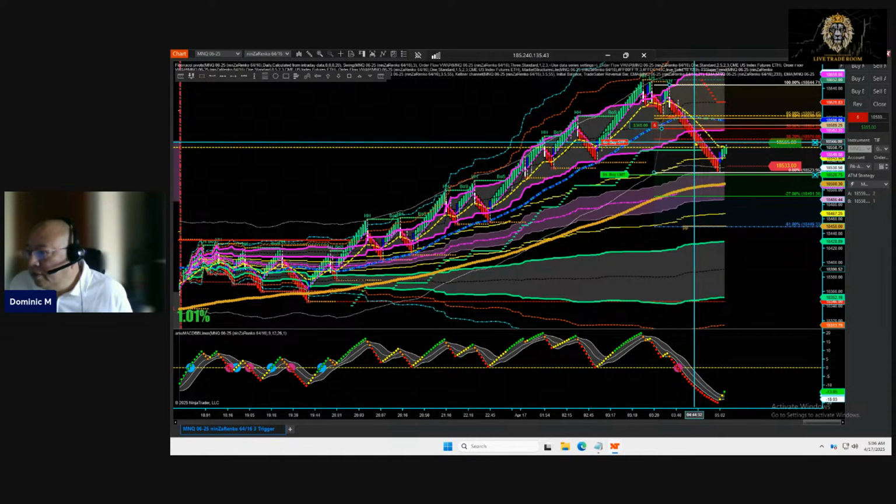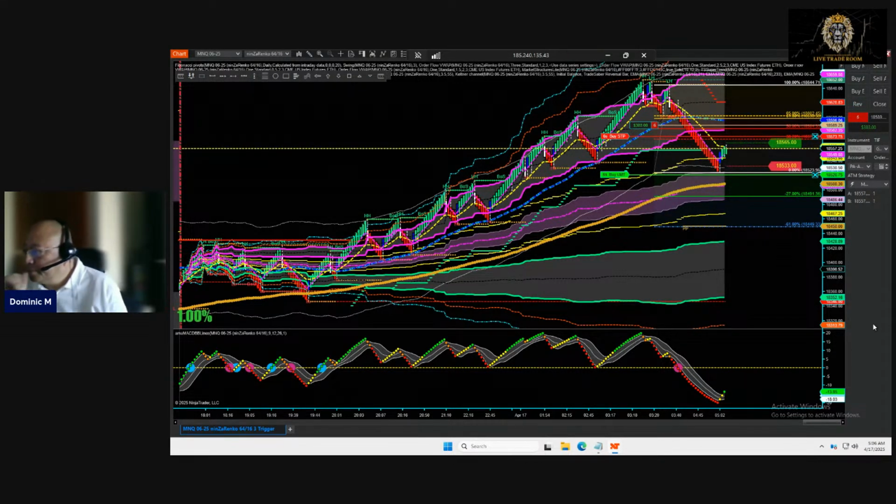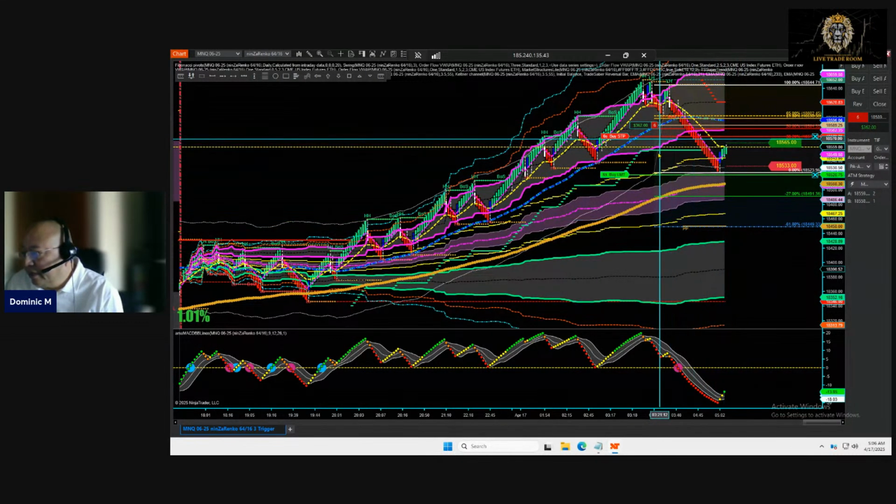I mean, base this on the 30 right here, this pullback. Yes, if it does get up here, then that's 50%. But the thing is, I don't think I want to risk it.